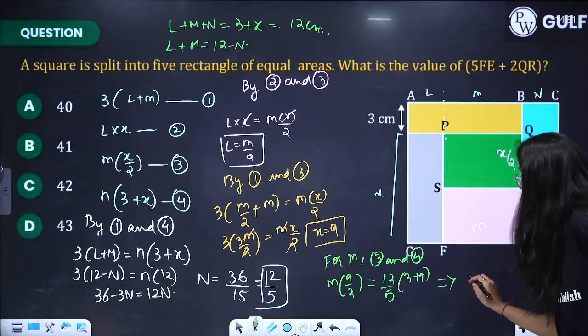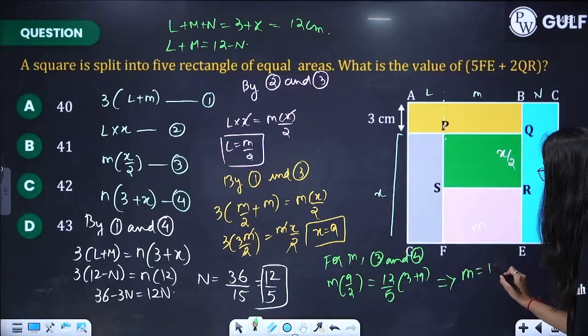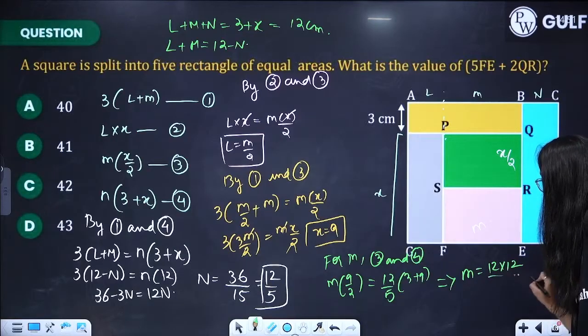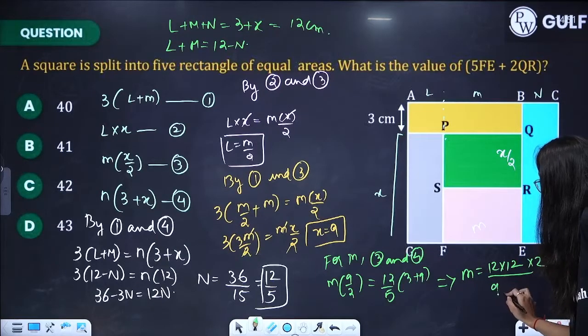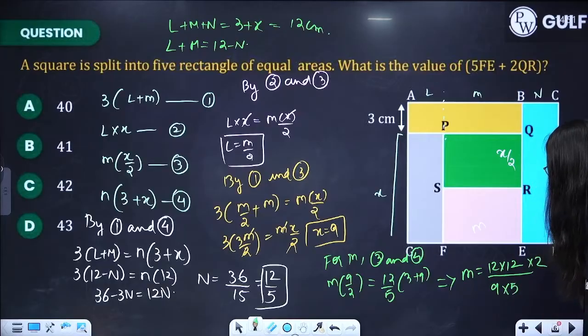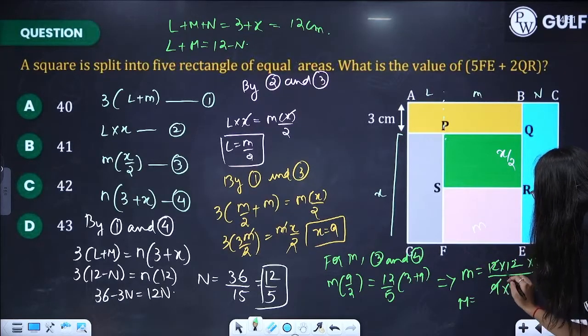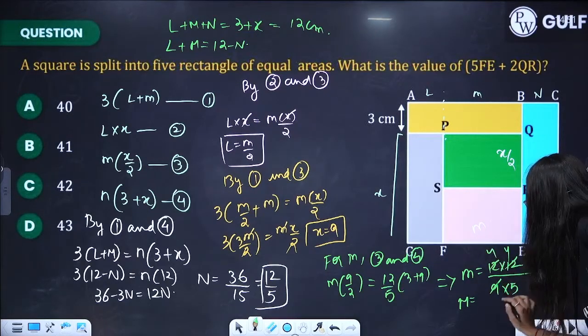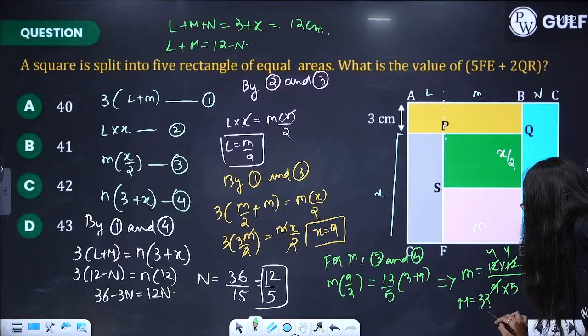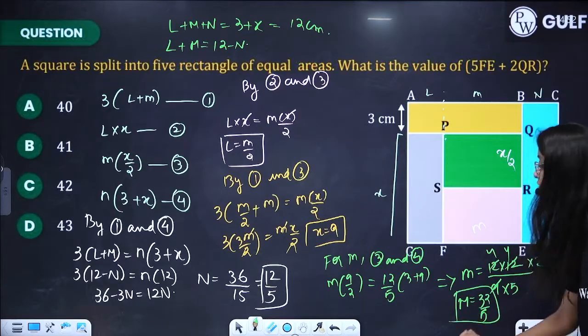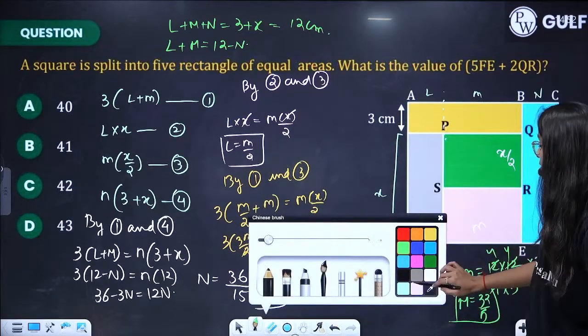Therefore, from this you will be getting m is equal to 32 by 5. So the value of m you have obtained is 32 by 5.